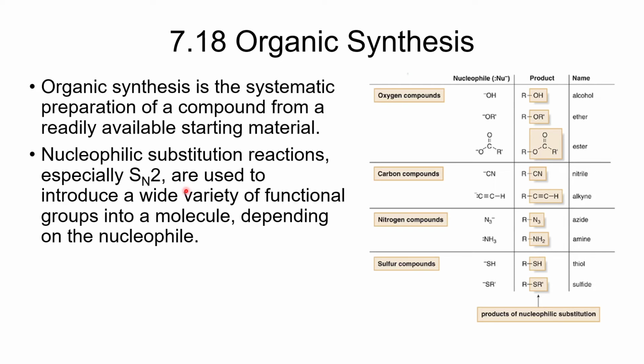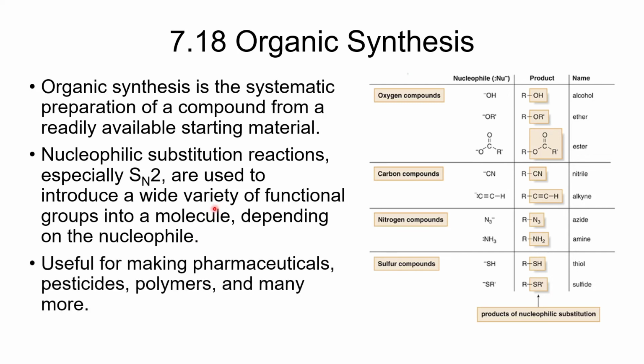We'll talk about that a little bit more in the next chapter when we discuss the elimination reactions. When we form that carbocation, all kinds of interesting things can occur, and sometimes those give us products we don't want, and so SN2 turns out to be a more viable option for organic synthesis.